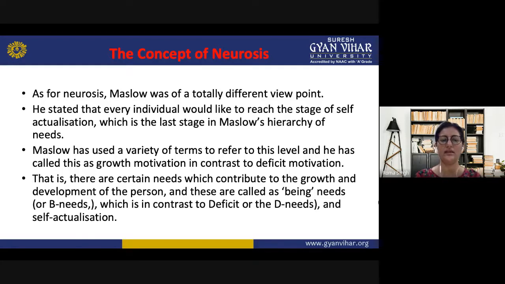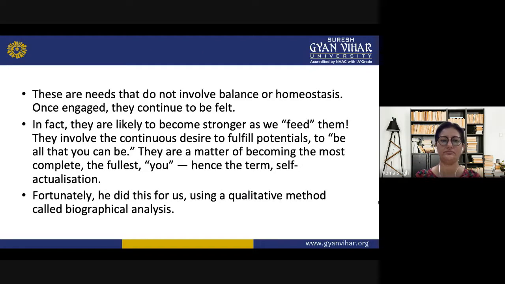So there are certain needs which contribute to the growth and development of the person, and these are called being needs or B needs, in contrast to deficit or D needs, and self-actualization. These are needs that do not involve balance or homeostasis. Once engaged, they continue to be felt.